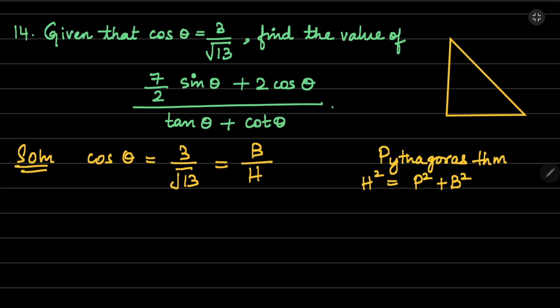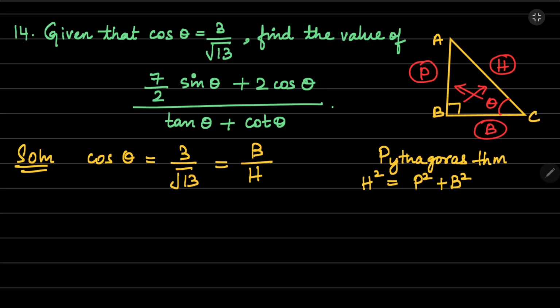Suppose it's a right angle triangle A, B, C, right angled at B. The side right opposite your 90 degrees will be your hypotenuse. With respect to the angle, you will see which is your perpendicular. If your angle is at C, the side right opposite to your reference angle theta will be your perpendicular, and the other one will be your base.